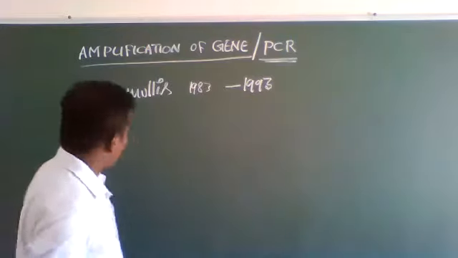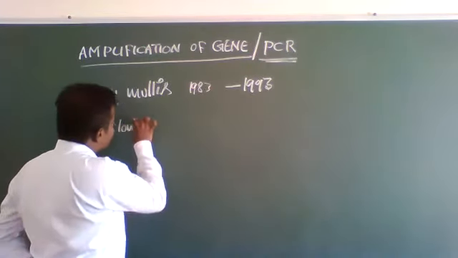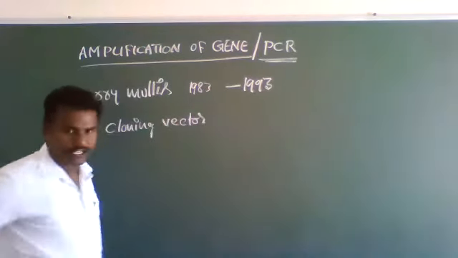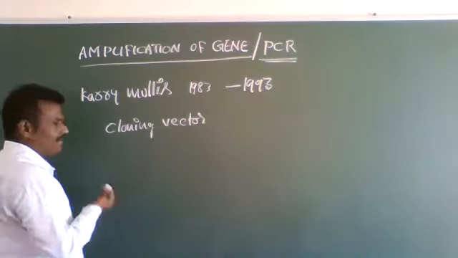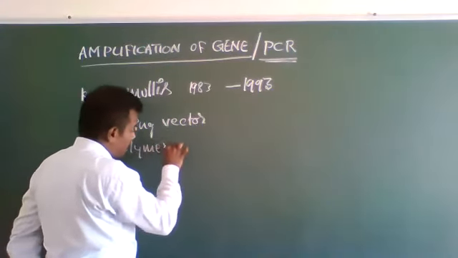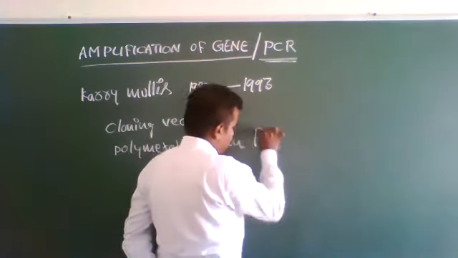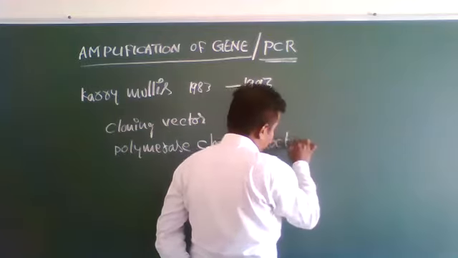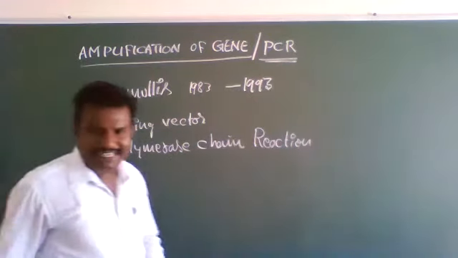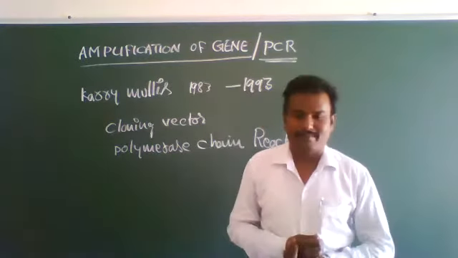One is using a cloning vector, and another one is polymerase chain reaction. The cloning vector method takes much time.